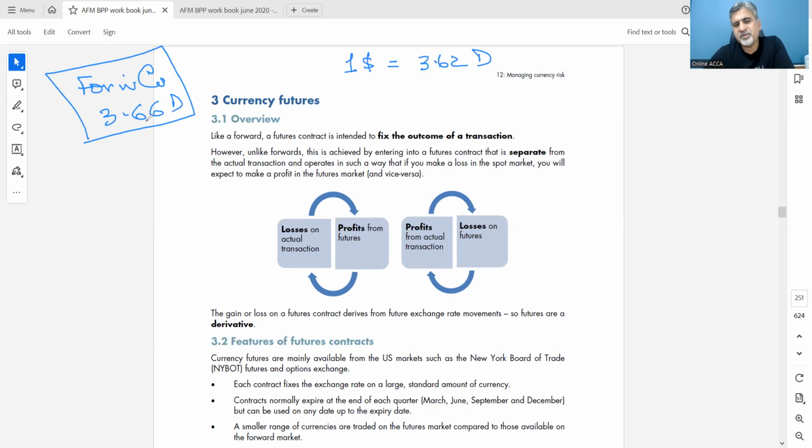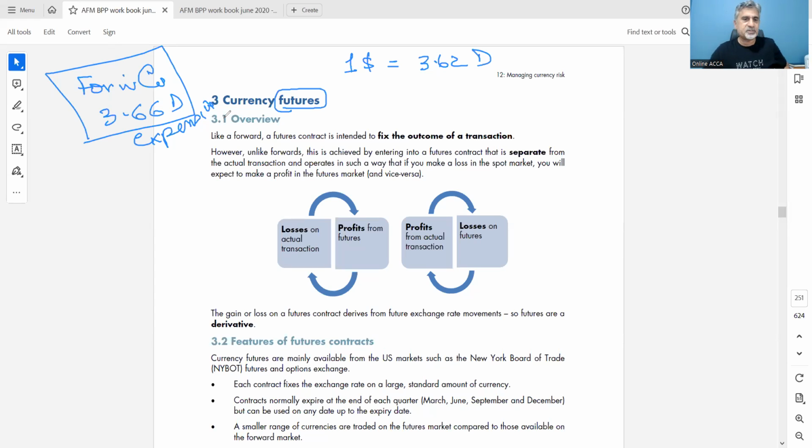Now, you think that 3.66 is expensive, and you want to see the alternatives. What are the other alternatives possible? One alternative is a future, and we want to see if going for a future transaction is suitable for me or not. So you need to make a comparison.